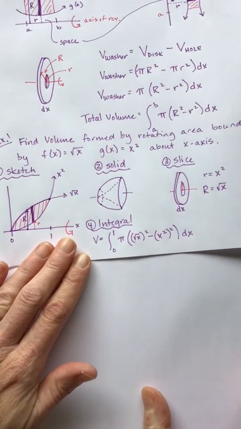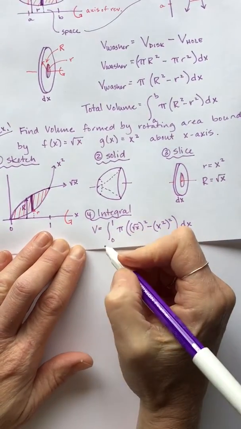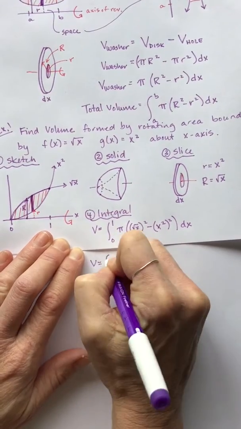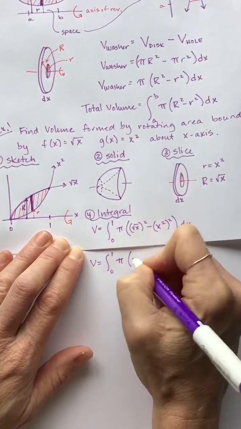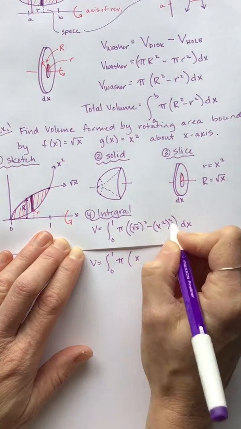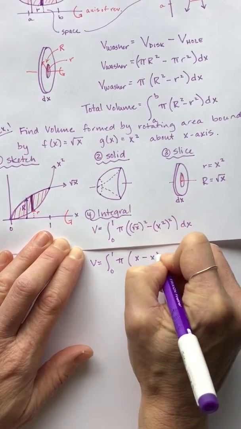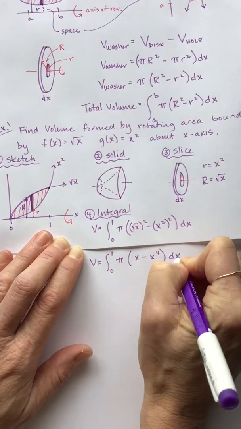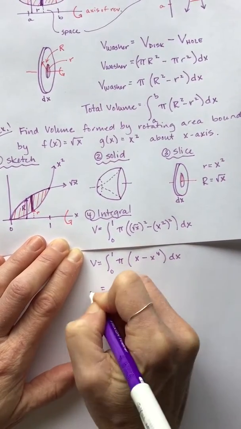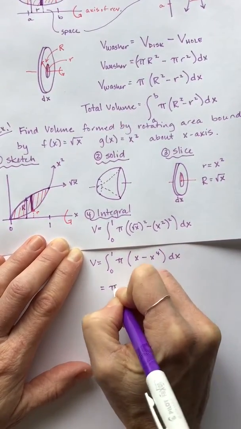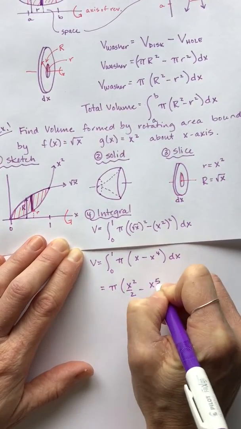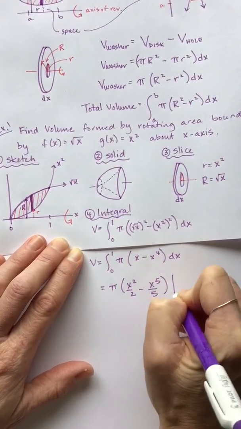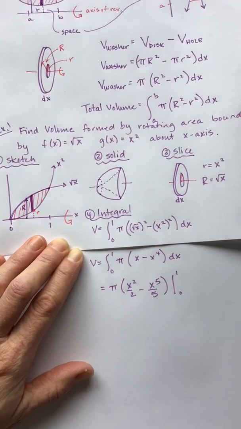Okay, and then we can simplify it. So volume equals the integral from 0 to 1 of pi times, the square root of x squared is just x, and then x squared squared is x to the 4th, dx. And now we can antiderive it. So pi times x squared over 2 minus x to the 5th over 5, and that's going to go from 0 to 1.